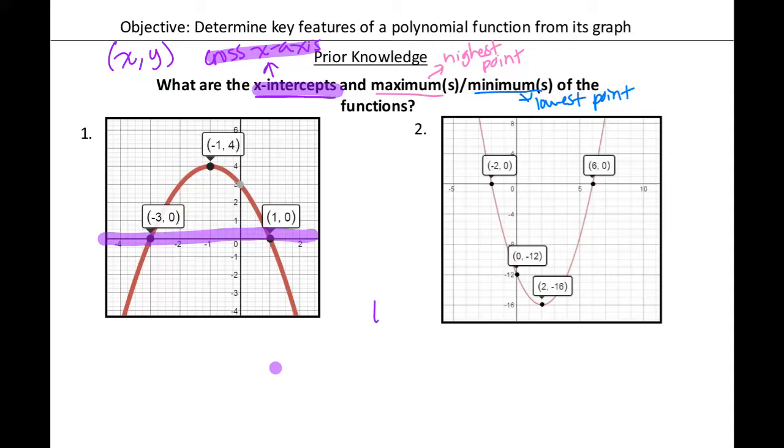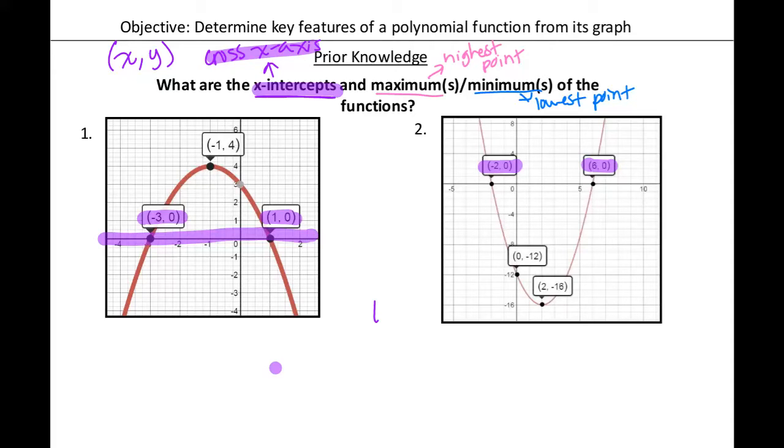So where are all of your points crossing the x-axis? Is it -1 and 0? Yeah, and the other one is 1 and 0. Okay, good. Now for the other graph, what are the x-intercepts? Simran? -2, 0, and 6, 0.